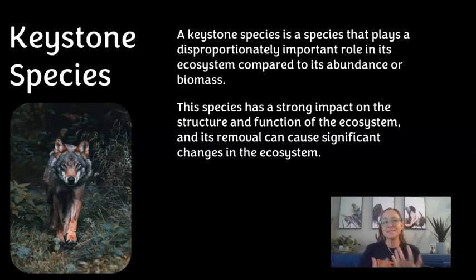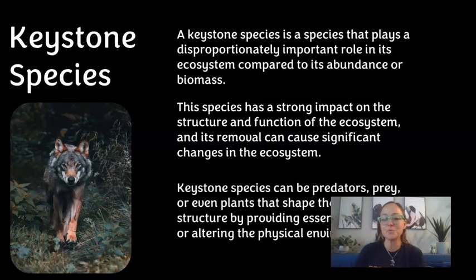And so a keystone species basically holds the whole ecosystem and trophic levels and amounts of other organisms in balance. And so when you remove the keystone species, it causes huge disruptions.